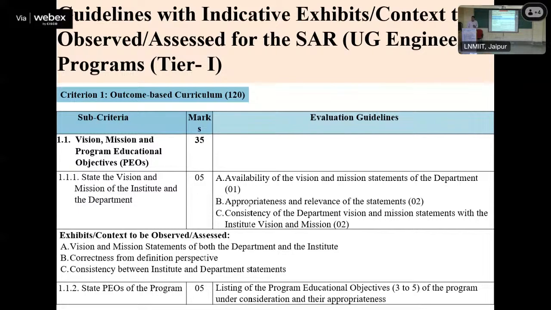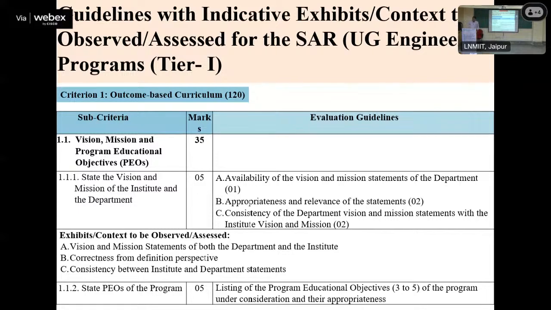Before that, please, the question here is, suppose we're talking about the vision of the department and institute, which we are hopefully changing soon. But in the vision statement, a general term like engineering is mentioned. Will this be considered for all the branches of engineering, like computer science, mechanical, electronics? It includes all. Even if you have an MBA program, you can include management.